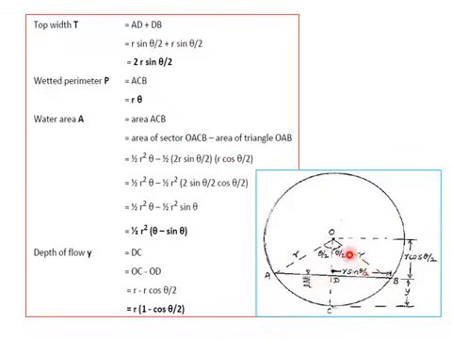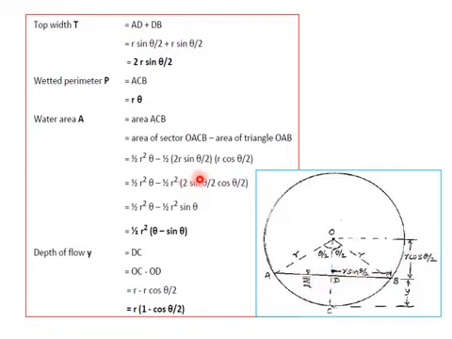The entire sector area, that is OACB, is half r square theta, minus this triangle, which is half into 2r sin theta by 2 as the base. Here this distance OD has to be r cos theta by 2, because cos theta by 2 is base by hypotenuse.